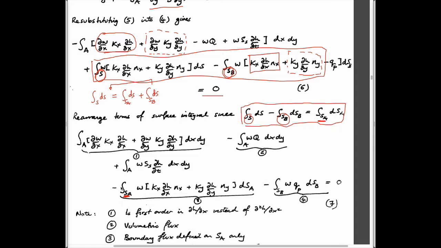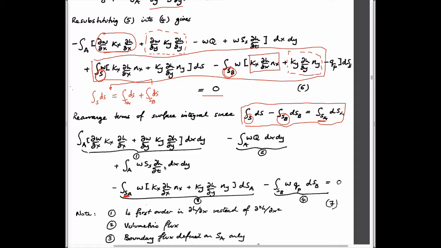So let's summarize a little bit. This is our initial conservation equation, which was d dx kx dh dx, which we modified for this weighting factor. This is our flux that's applied over the area of the domain.